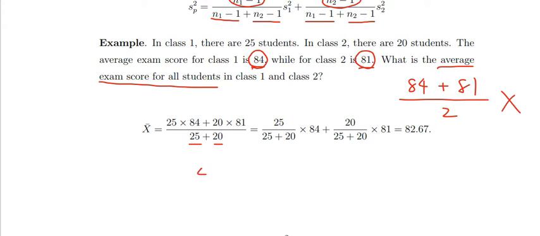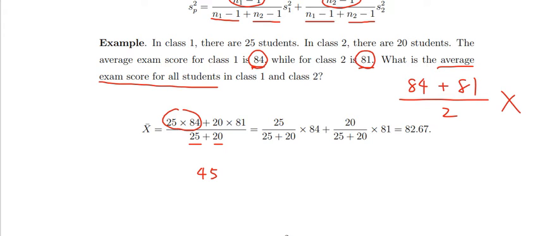If we put the two classes together, we have 45 students, right? For these 45 students, the total points: class 1 average is 84, so the total points for class 1 is 25 times 84.